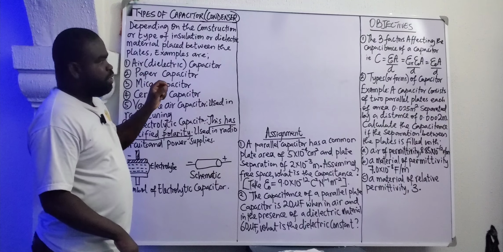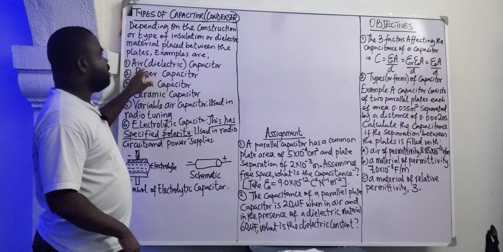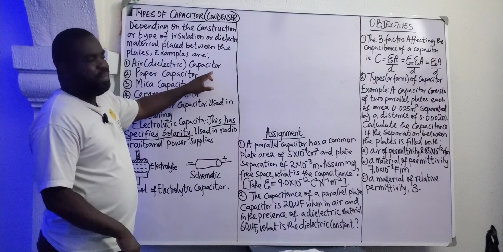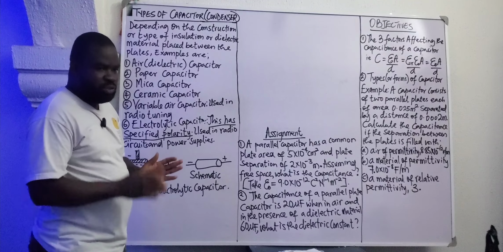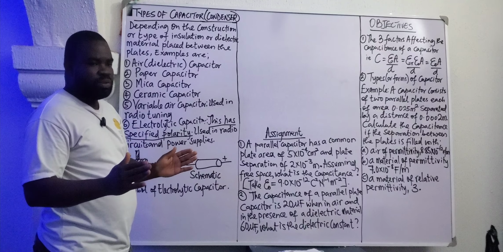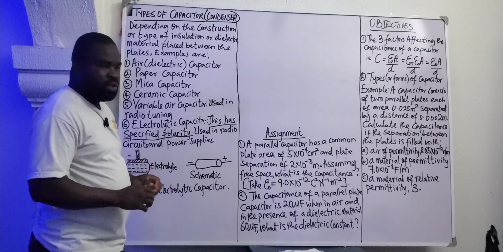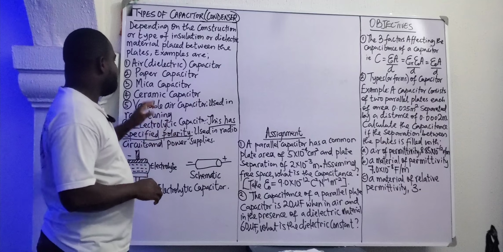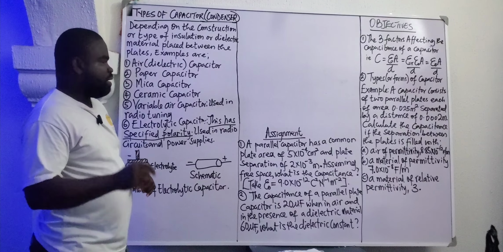So we say, if the dielectric material is made of air, we will call it an air capacitor. If it is made of paper, that is, you have paper between the two conductors, you call it paper capacitor. If the dielectric material is made of mica, you call it mica capacitor.